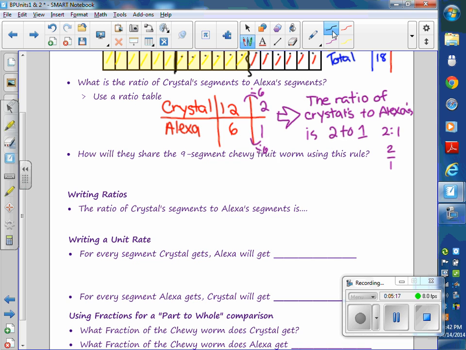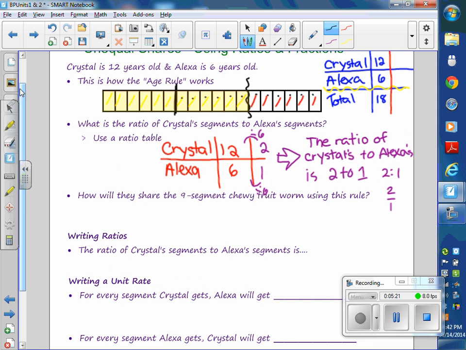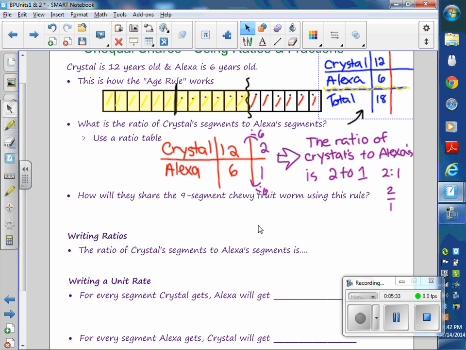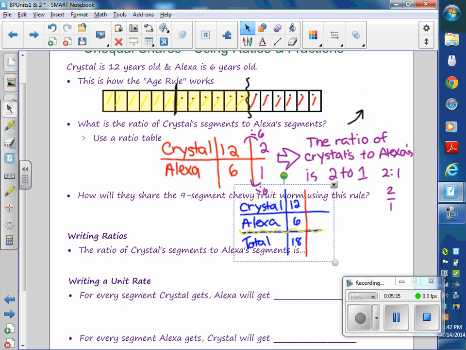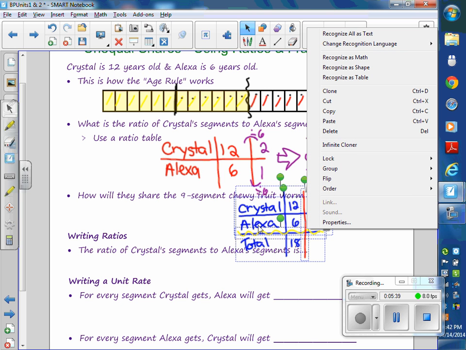So that's where the total comes in. So looking at this ratio table up here, you're going to take that ratio table and bring it down here. So my picture had 18 segments.